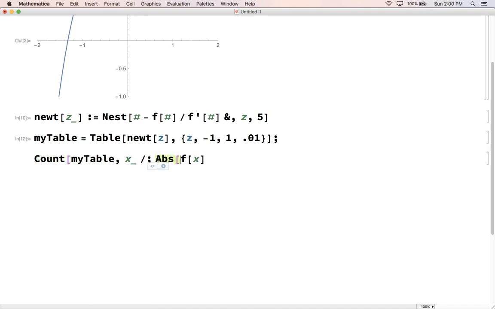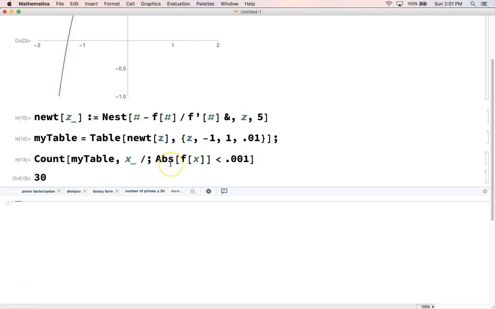Let me do absolute value of f of x less than, how about, 0.001. So this is going to tell me out of the 201 entries in my table, how many of them, when I plug it into f, the function I'm trying to find a 0 of, am I less than 0.001? So for how many of them am I this close to a 0? So this says 30. That's pretty good.